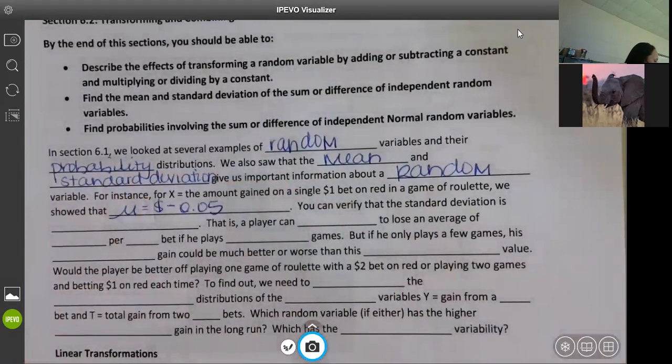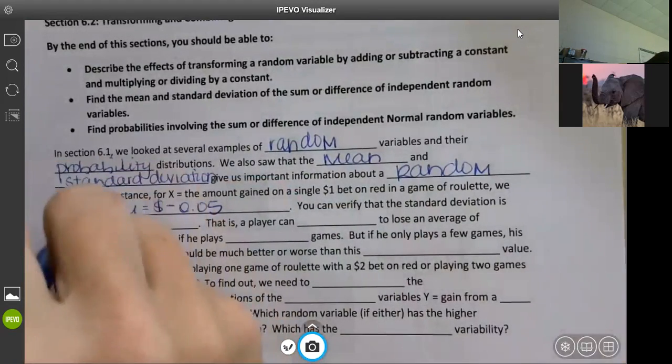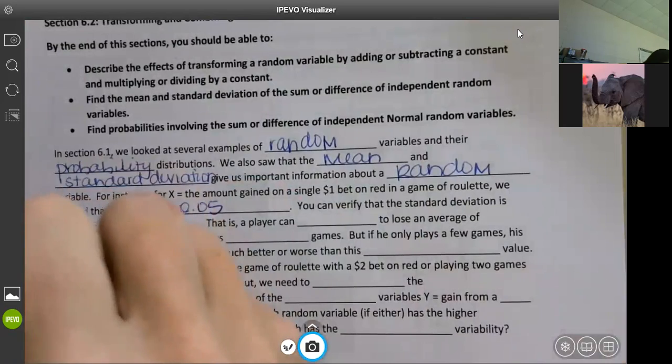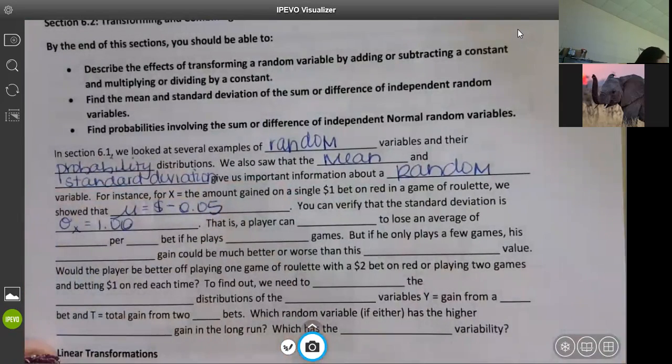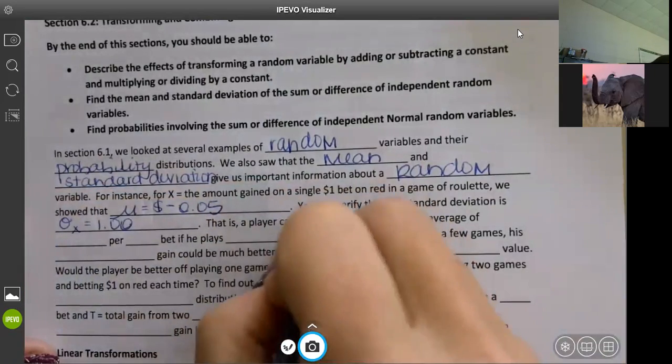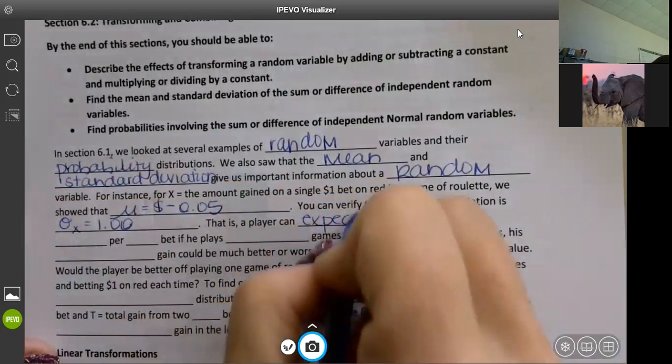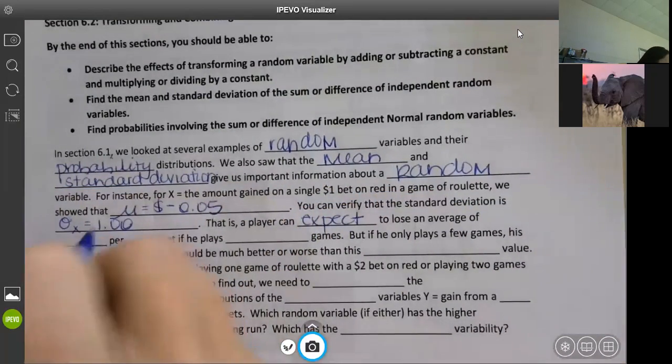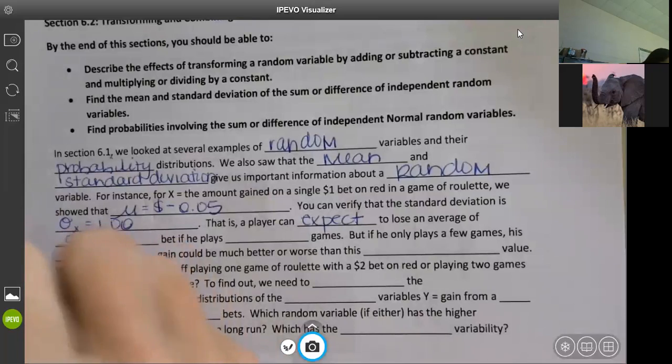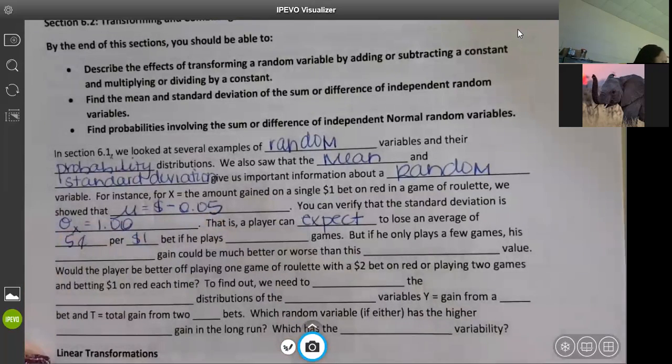You can verify that the standard deviation is $1. That is, a player can expect to lose an average of 5 cents per $1 bet if he plays many games.